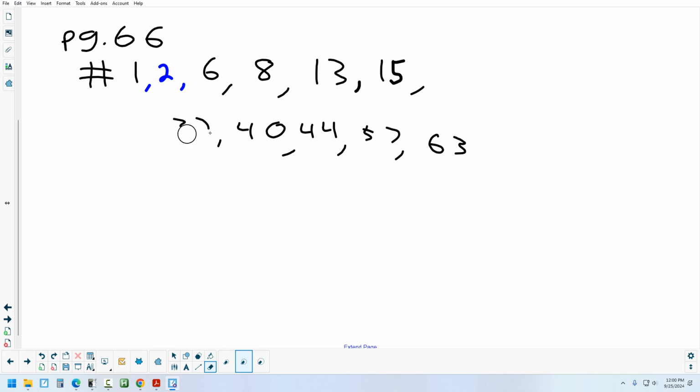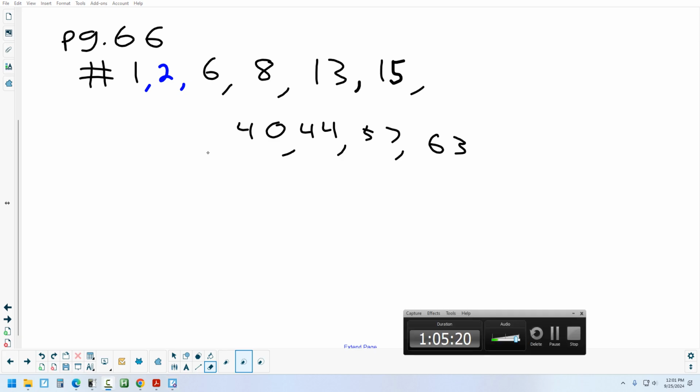Not worried about 32 either. Okay, so I did change a couple questions, so just make sure you look at that. So 1, 2, 6, 8, 13, 15, 40, and 44, 57, and 63. So 10 questions. Go back to that list of. Yep, let me put that chart back up.